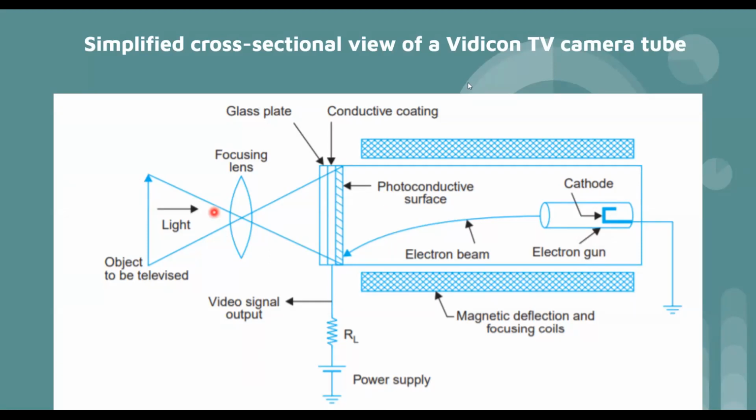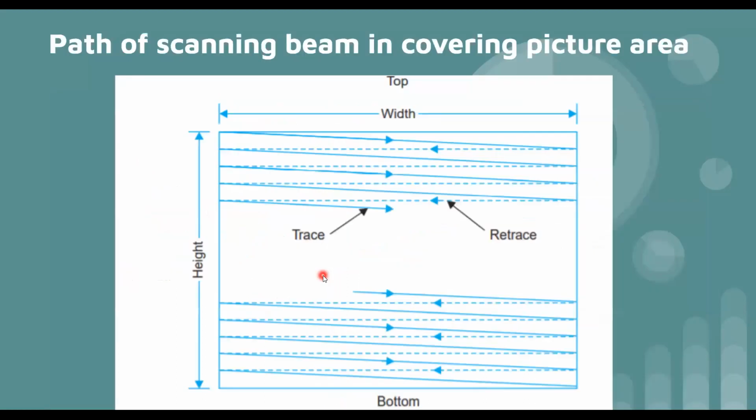So, dear students, it is a very important situation how you can bring that information, that is, how the information travels from one place to another place. That is called scanning here. The path of the scanning beam will convert this picture area.